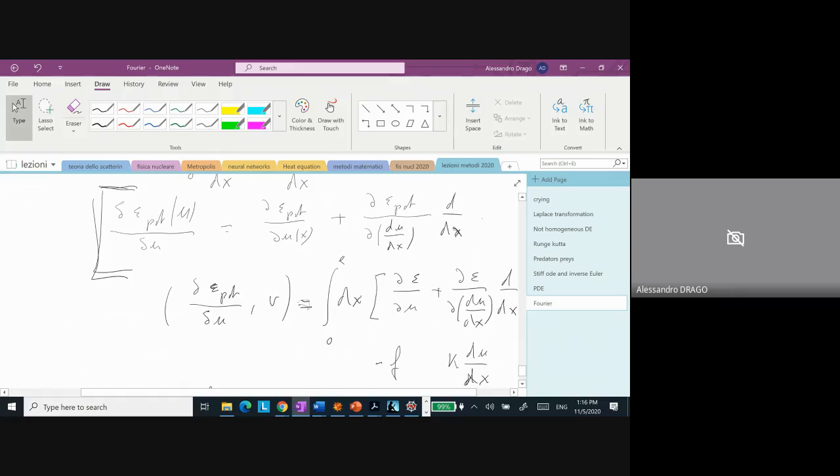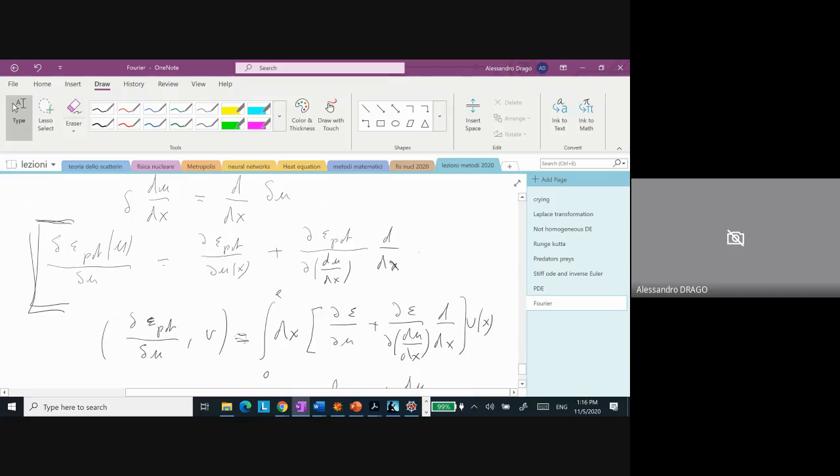Here, of course, we are not in mechanics of one particle. We have some sort of field. So this derivative that we have introduced is some sort of generalized force. And essentially what we are computing is the action of this sort of generalized force acting on a generic displacement that we call v.